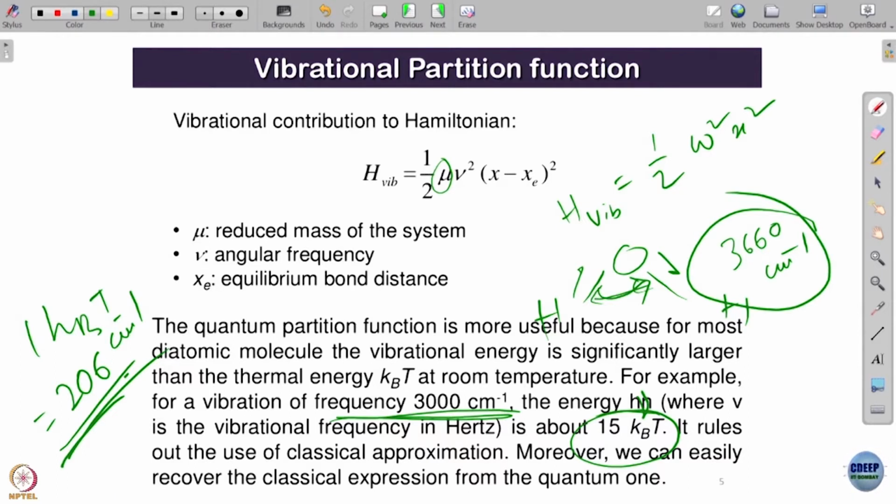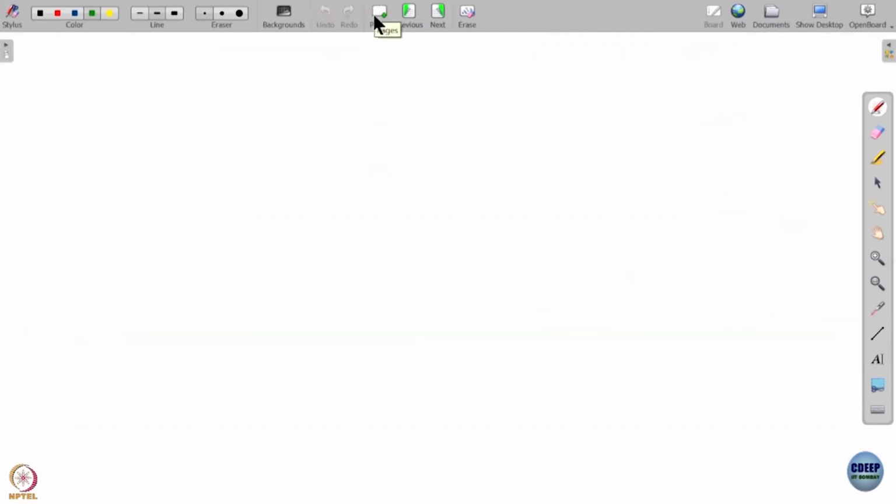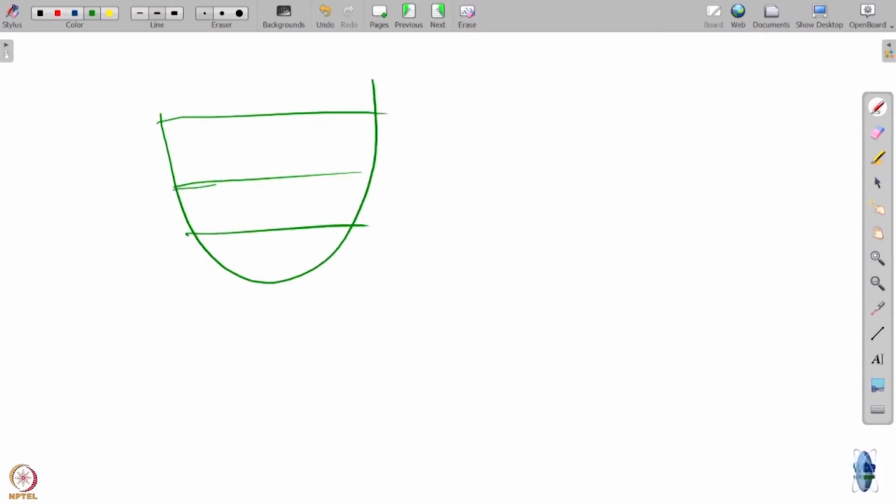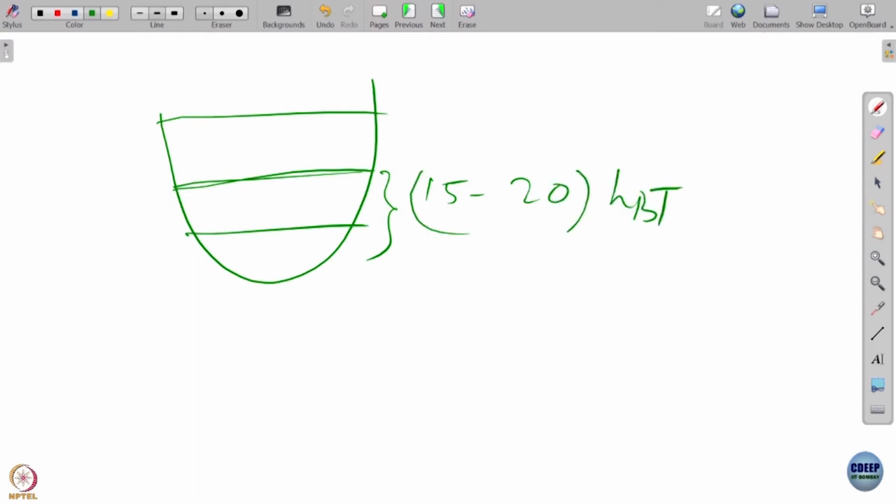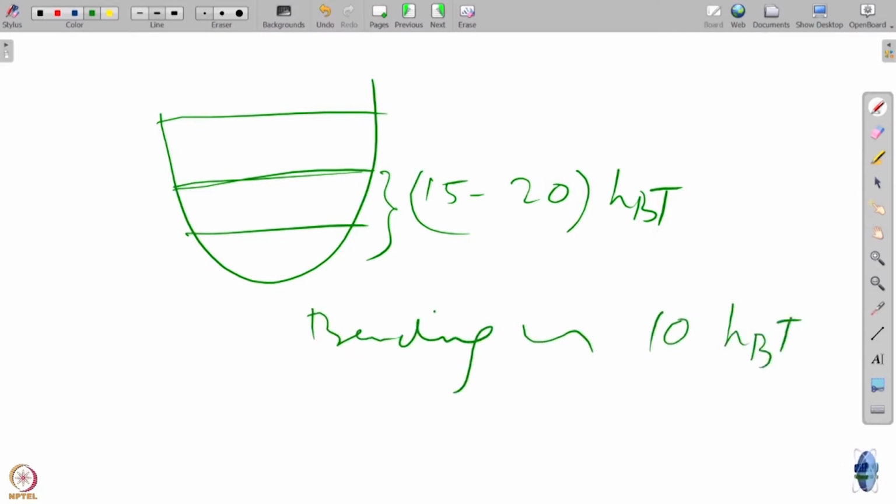That means in the vibration energy levels, if I talk about the vibrational potential surface, then this gap is say 15 to 20 kBT for water stretching, and for bending you have about 10 kBT, where T is 300 Kelvin.